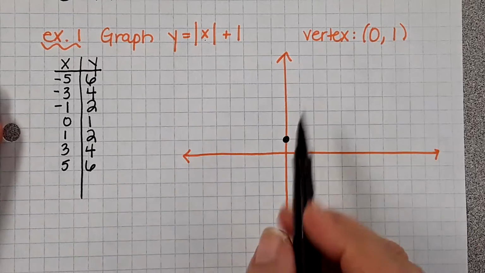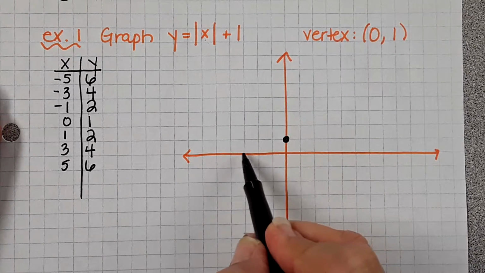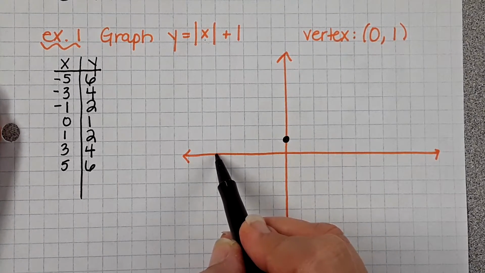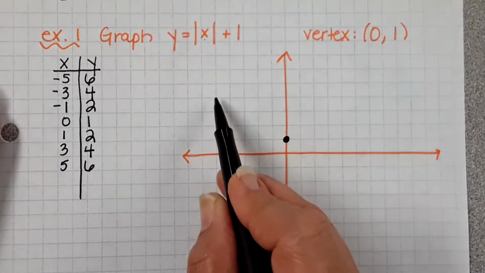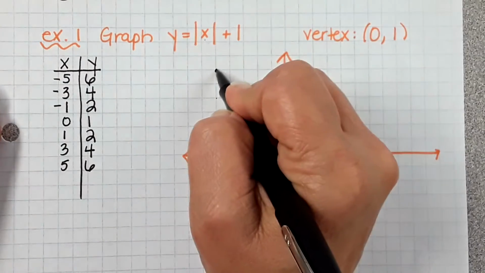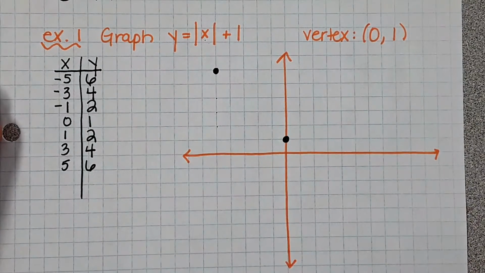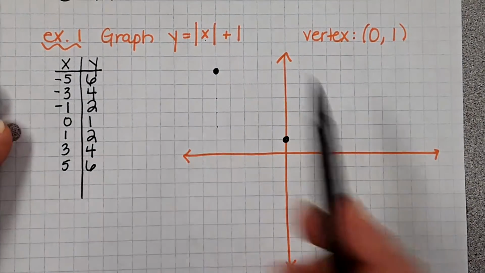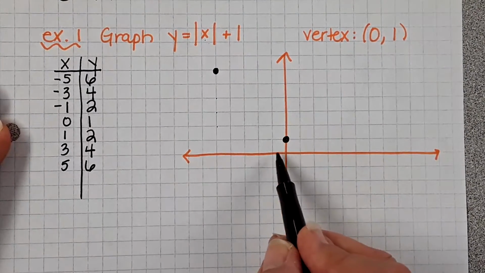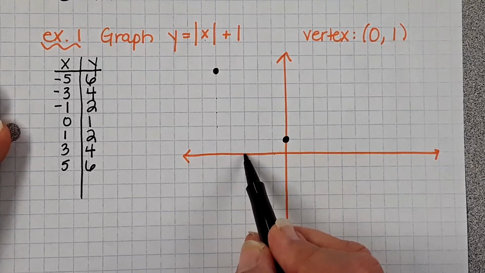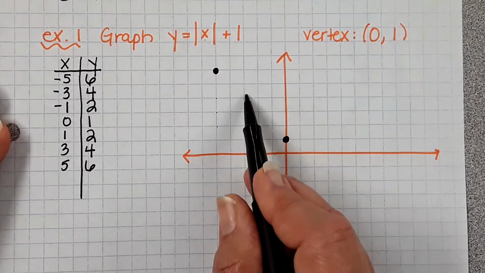Okay, so we're going to go over to -5, 1, 2, 3, 4, 5, and I'm going to go up to 6, 1, 2, 3, 4, 5, 6. Then I'm going to graph the next one. I'm going to go over to -3, 1, 2, 3, and I'm going to go up to 4. 1, 2, 3, 4.